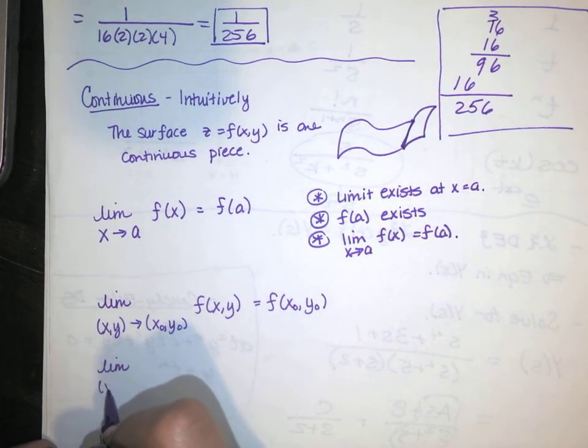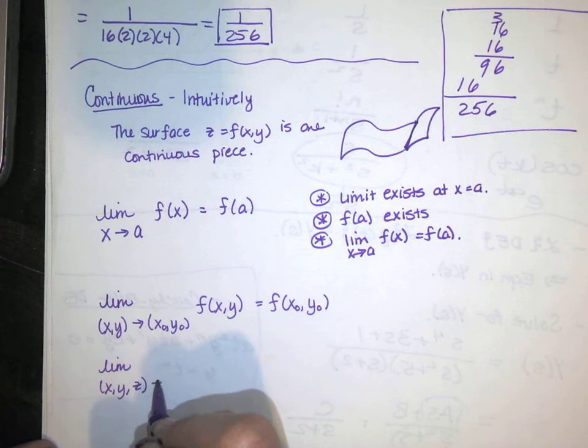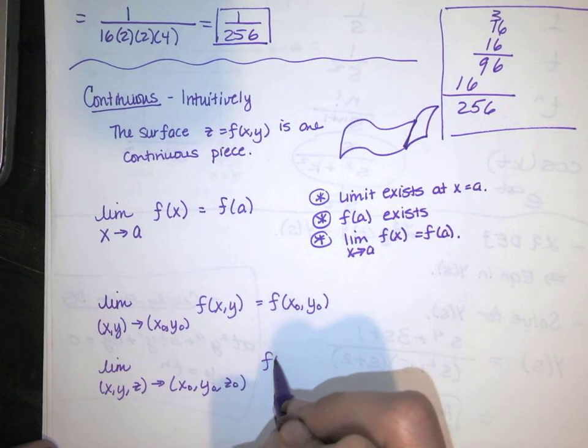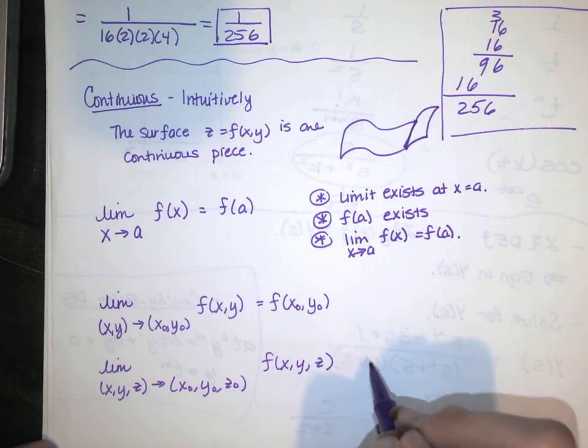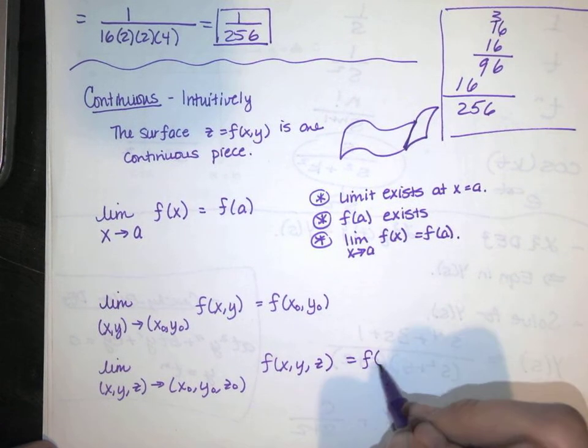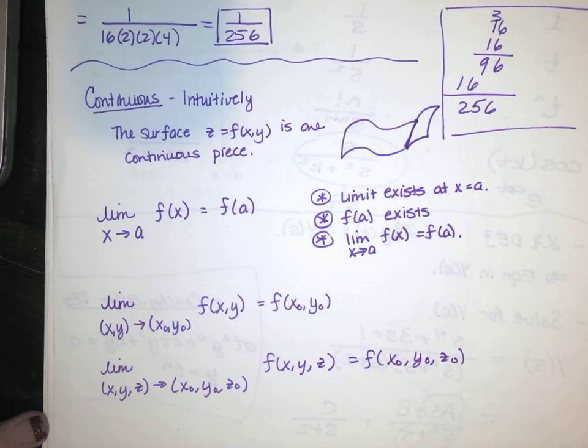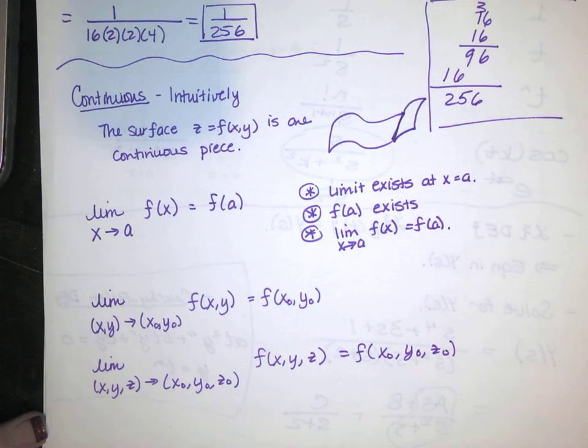Now, the same thing works for a function of three variables. We could be approaching (x naught, y naught, z naught). Well, if the limit exists and the function value exists and they're the same thing, this function is continuous at that point.